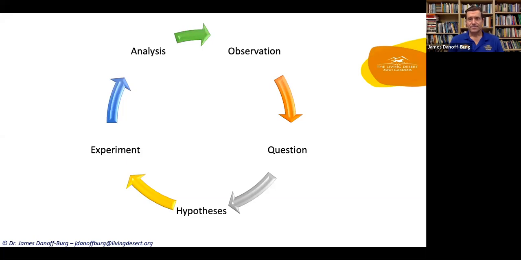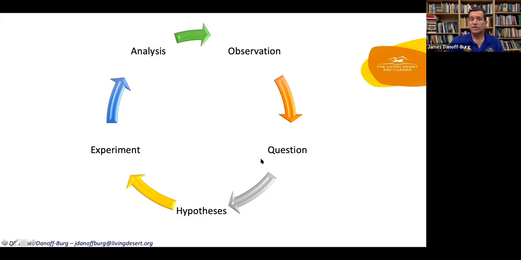So when we do science, and social science is a science in the same way that natural sciences or biology are, we go through this repeated cycle, which we sometimes call an iterative process. Iterative, I-T-E-R-A-T-I-V-E, just means repeated. With this circular process, we might start with an observation, and then ask a question based on that observation.